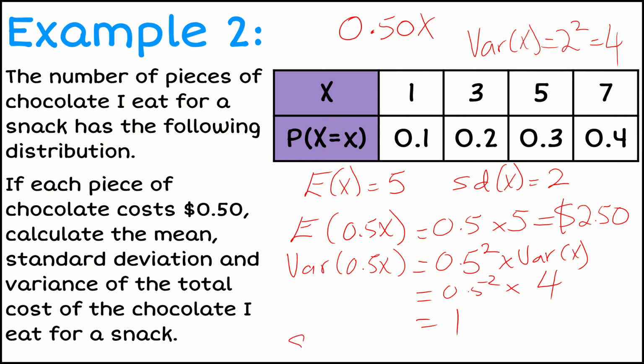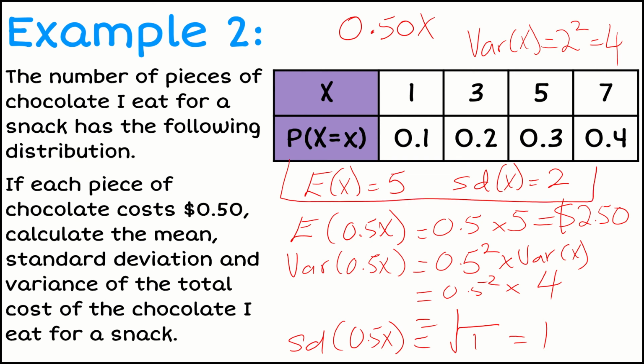So now to find my standard deviation of a half x, I'm going to do the square root of 1, which is 1. So originally, this is the mean and standard deviation for the number of pieces of chocolate I ate.